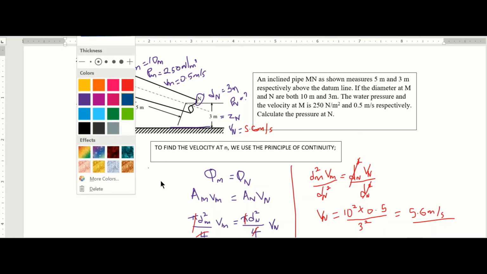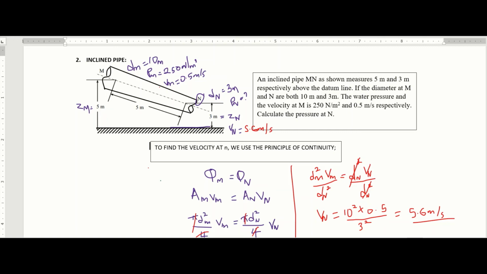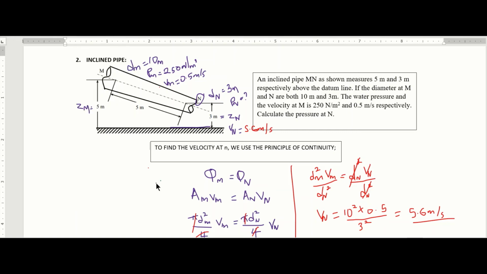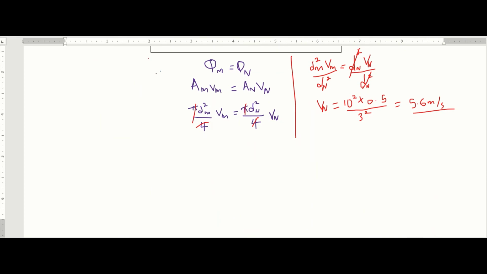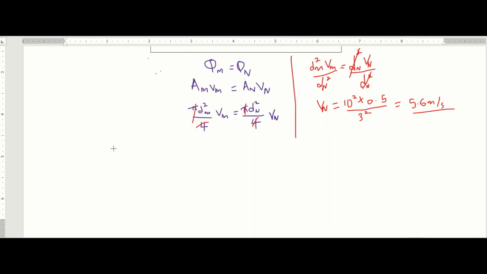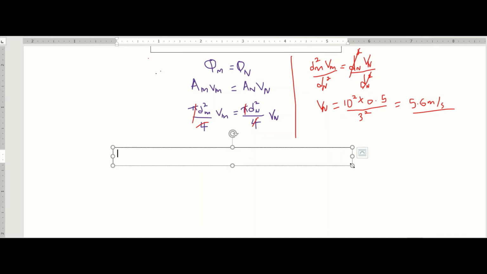So now I have found the velocity at N, so I can easily find the pressure at N. To get the pressure at N, we have to use Bernoulli's equation.